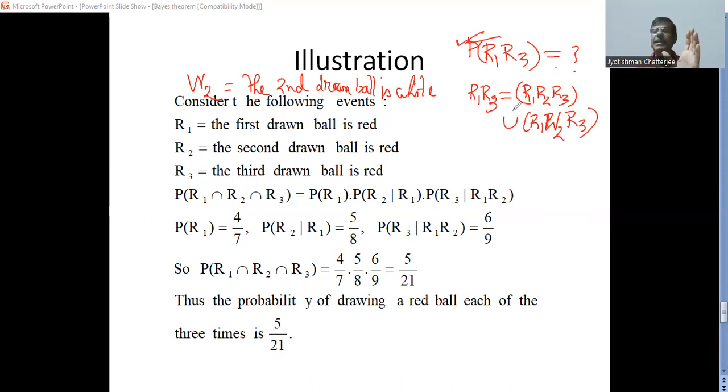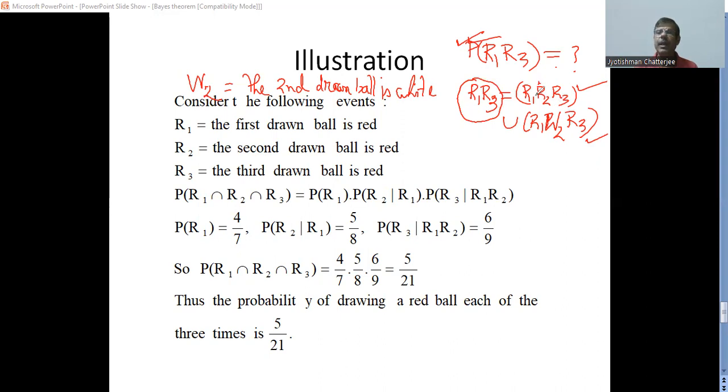So you are splitting this event into 2 events. The first one is that the second ball is also red, that means this one. The other event is that the first and third balls are red, but the second drawn ball is white, that means this one. There is no other possibility. The second one may be red or white. So we first split this event into these 2 sub-events.